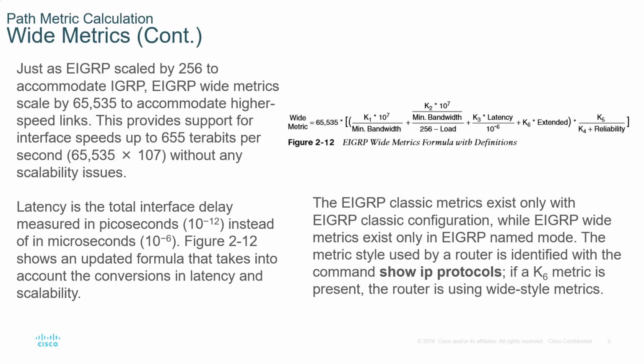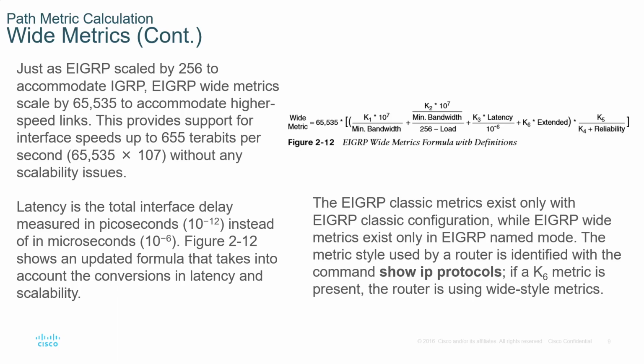So when we come back and look at how this interacts with our classic configuration, they can't really coexist within the same network. There is backward compatibility, okay, but we will lose the correct metric that should be in use on wide-metric enabled devices.